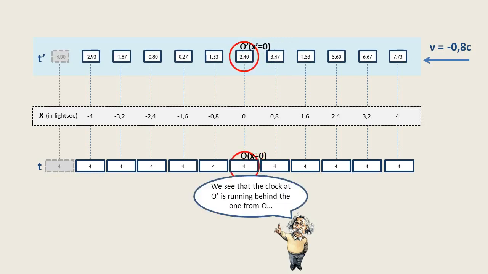And we see now that the clock at observer O' is running behind the one from O. Less time has passed for observer O' during his trip than for O. The symmetry between both got lost because O' made a return and O did not. This will all become more clear when I illustrate it geometrically, but that is something for a later animation.